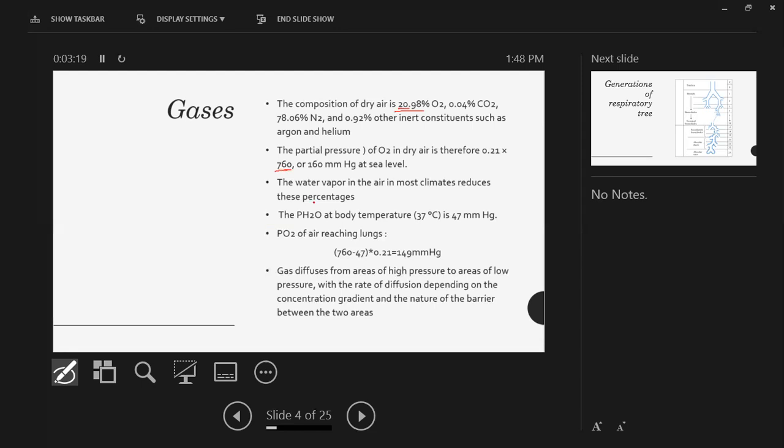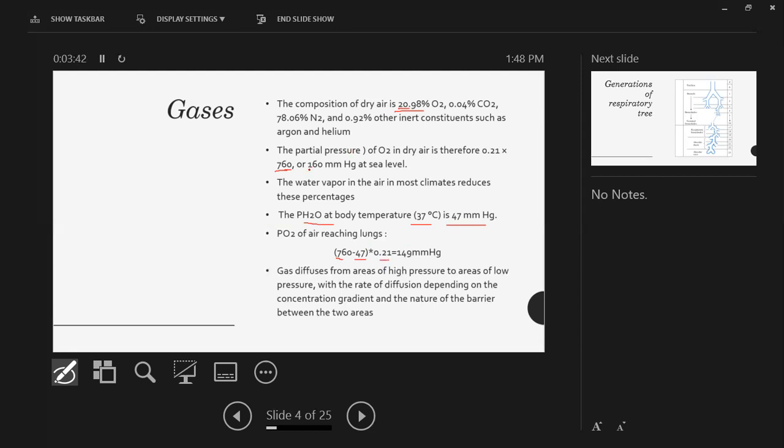The water vapor pressure at body temperature of 37 degrees Celsius is 47 millimeter of mercury. So what I'm trying to tell here is from the 760 millimeter of mercury, 47 would have gone for water vapor pressure. From the rest of the pressure, 21% is being occupied by oxygen.